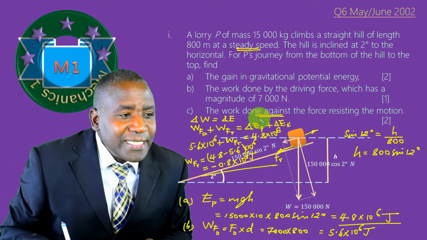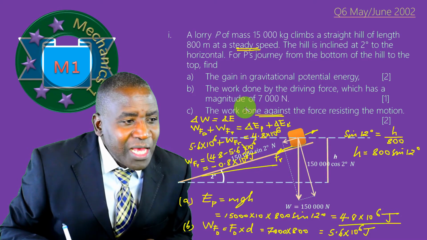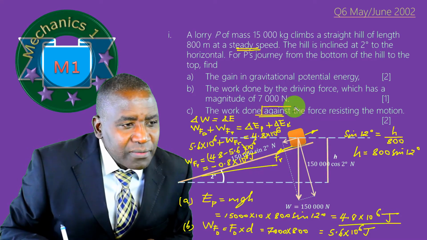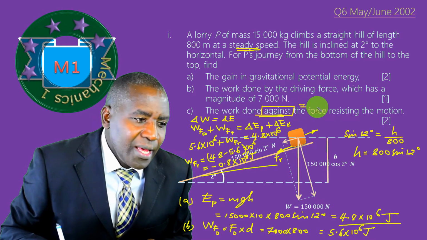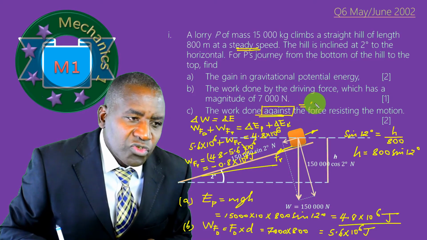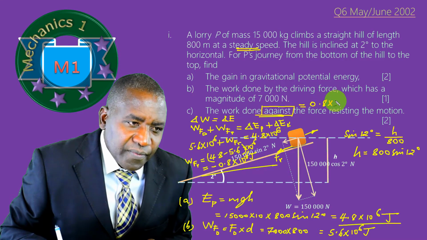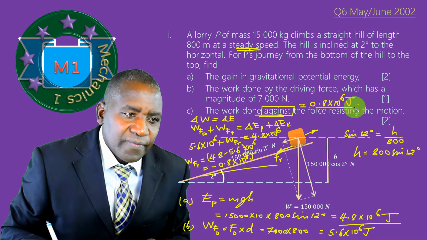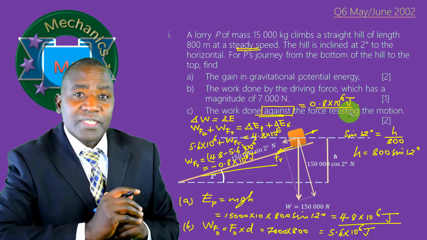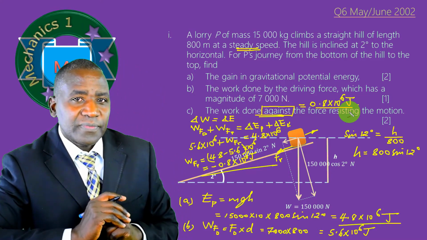So when I state it the way the examiner wants, work done against, that's why I underlined that, I will forget about the negative sign and say it is 0.8 by 10 raised to power 6 joules. It's just as simple as that.